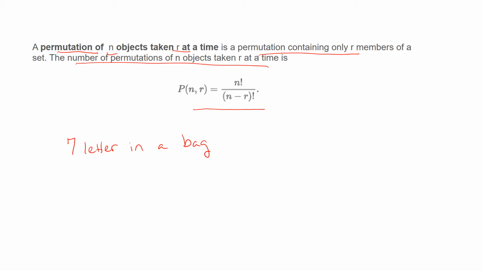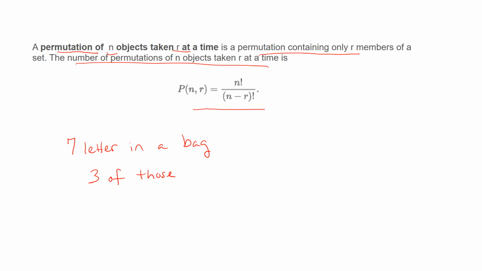And I'm going to pull them out and write down one at a time and write down what sort of quote word I might get. Maybe not actually an English word. Okay, but I'm going to pull one out, set it down, not replace it, and then pull another one out. So I have 7 letters in the bag. Right, suppose I'm only going to do that with 3 of those.